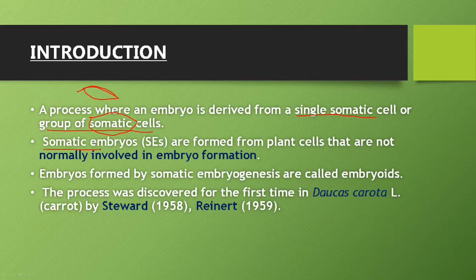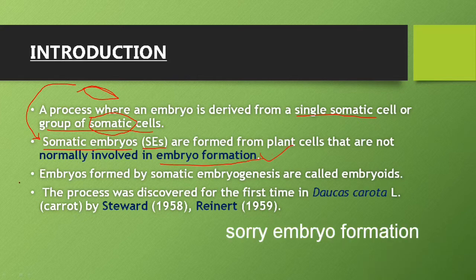And from that part of the plant, we are going to make an embryo, and thus it is called somatic embryo. We will refer to somatic embryos by SE, capital S and capital E, and they are formed from plant cells not normally involved in embryo formation, which we discussed.